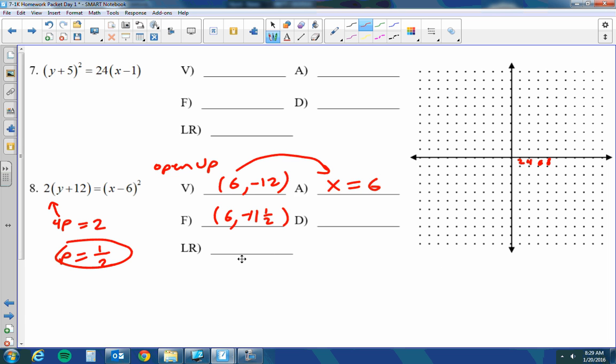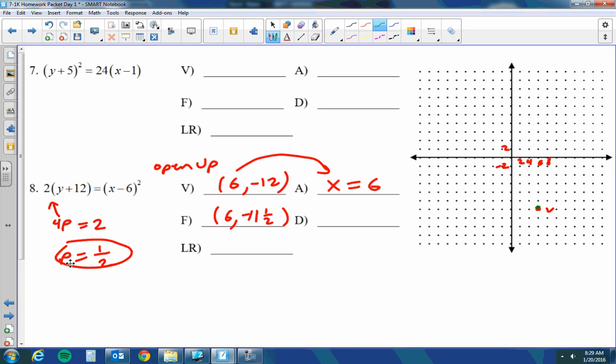In which case, the vertex is 1, 2, 3, 1, 2, 3, 4, 5, 6. All right. But that means my focus is just half a unit above, which is not much. So it's going to be right above that. It's a little bit problematic, but I think we can deal with it.